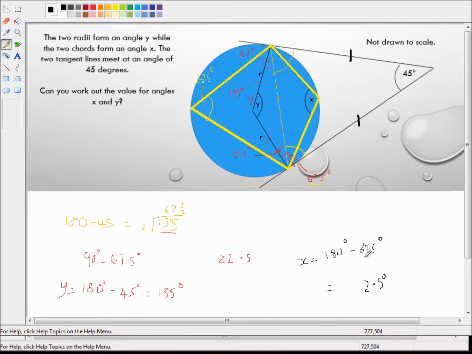I need to add 30, don't I? And then to make 180 I need to add another 80. 8, 9, 10, 11, so I need to add another 11 to turn that into 180 degrees. So that's 112.5 degrees.